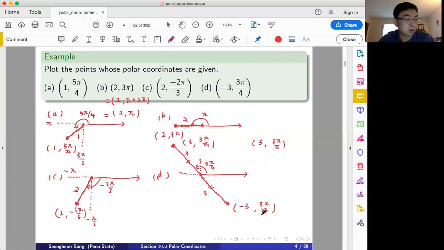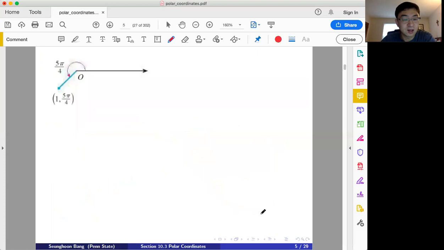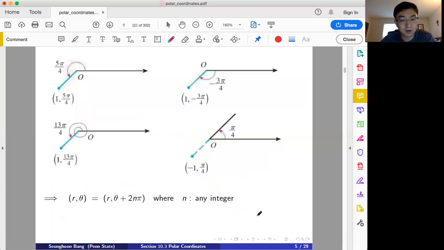Okay, this is the one example. The next one here, I will explain this one, I'm going to skip. We have (r, theta) is the same as (r, theta plus 2m pi), and the same as (negative r, theta plus (2m plus 1) pi). Remember the relation between negative length and positive length: you can change r to negative r by adding pi. 2m pi plus pi is (2m plus 1) pi.